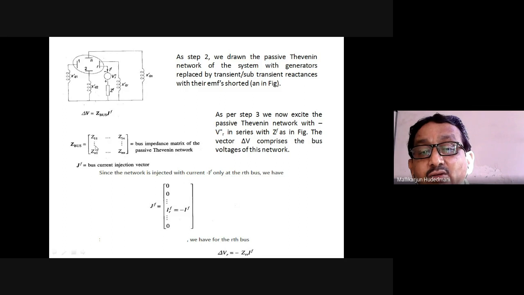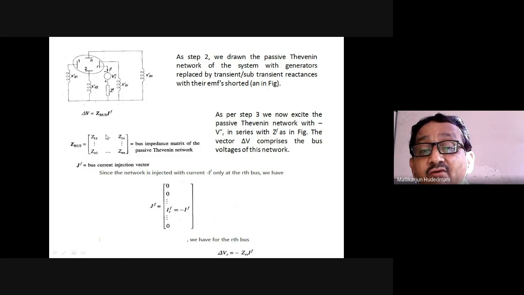I get the rth row. When I multiply with this column, nothing but Z bus rth row and a current vector, I'll be getting delta VR. Like this, delta V becomes delta V1, delta V2, delta V3, and delta VR for the rth bus.